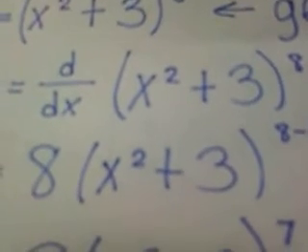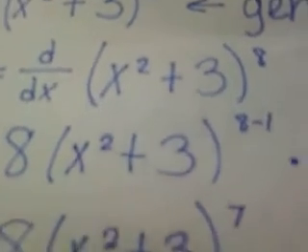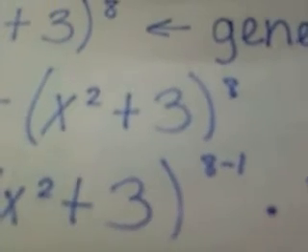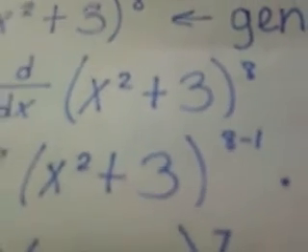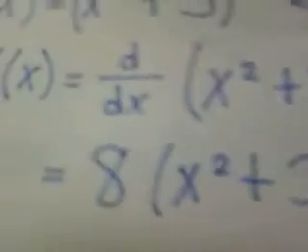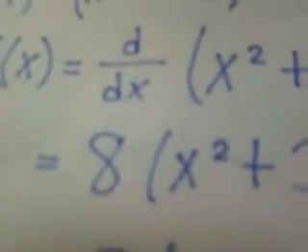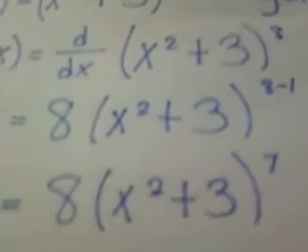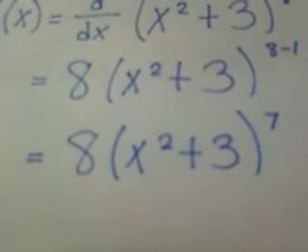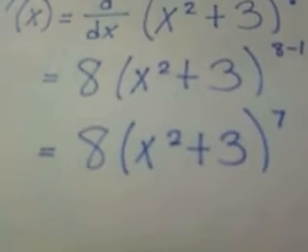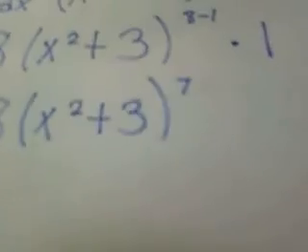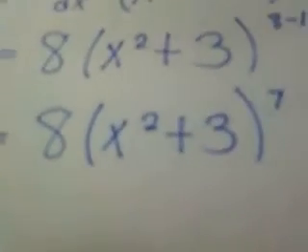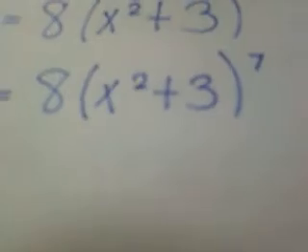What's inside the parentheses stays the same, and then the exponent, 8 minus 1, like before, remember? Times the first number here, which would be the invisible 1. See? And then it comes out being 8(x squared plus 3) to the 7th power. That is our final answer.